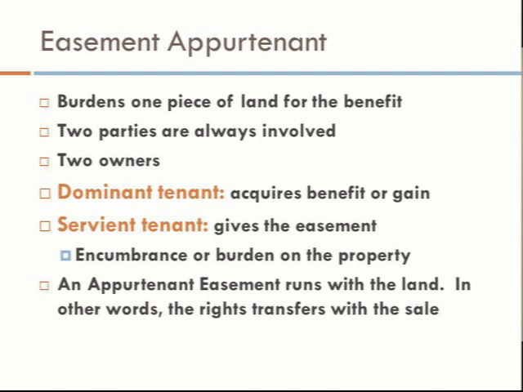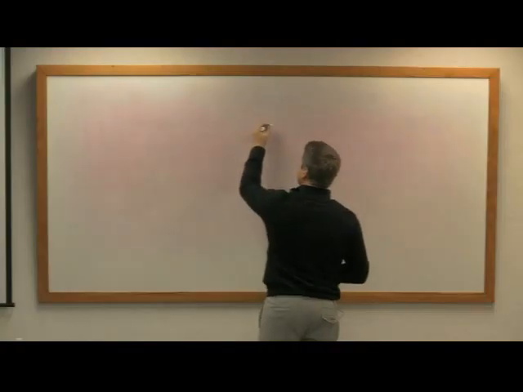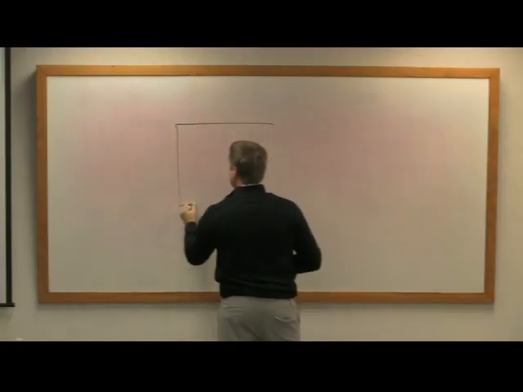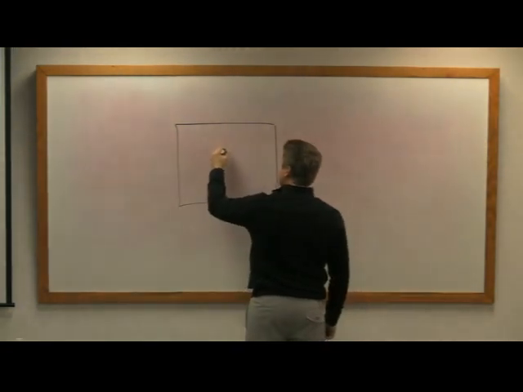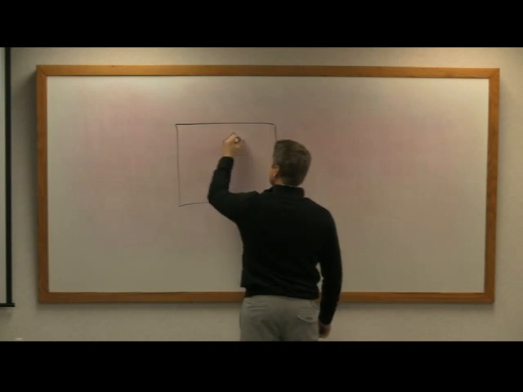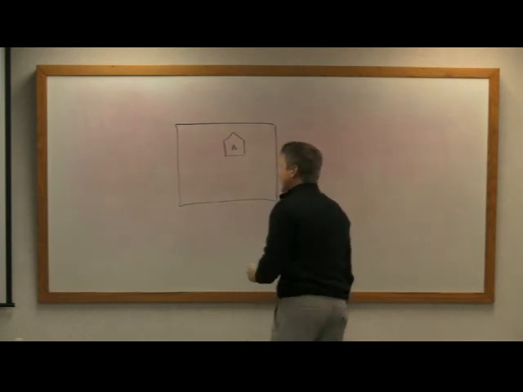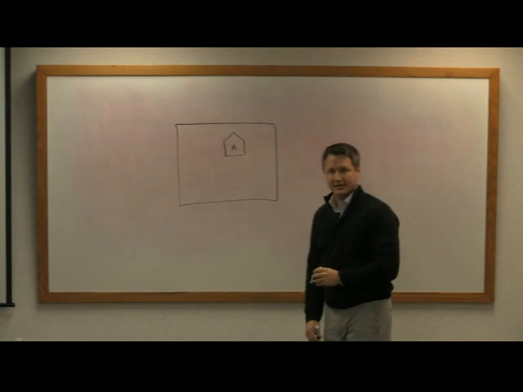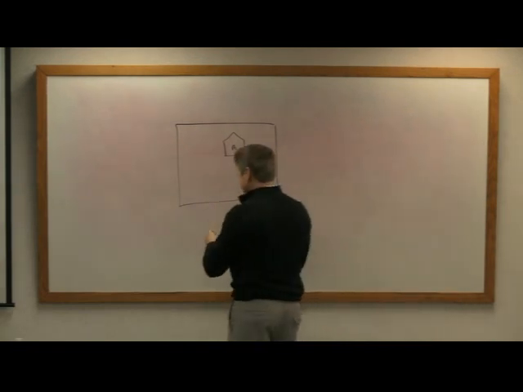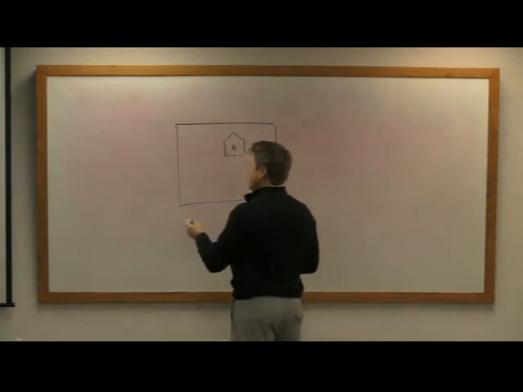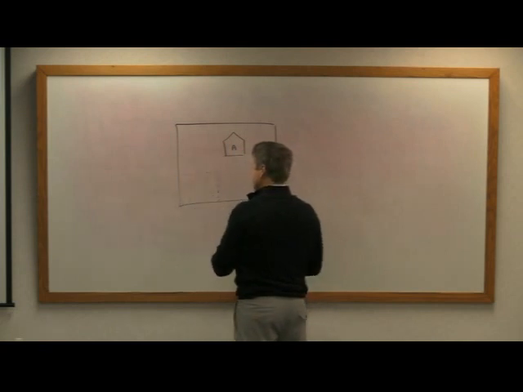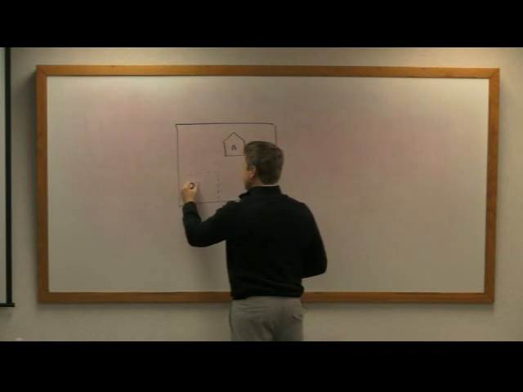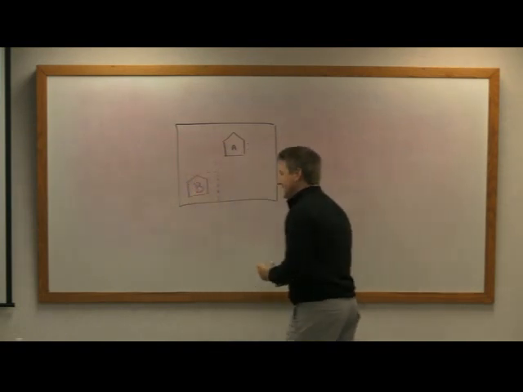So with this easement appurtenant, let's say we have this piece of ground, and homeowner A owns this entire piece, and they decide that they want to sell off a portion for B. B buys it, puts up their house.